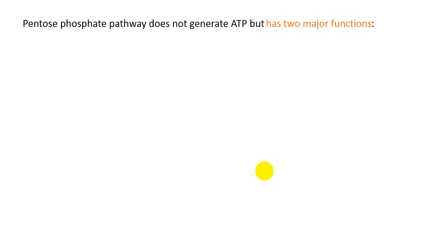Despite there being a very clear relationship between the metabolism of glucose and the pentose phosphate pathway, what is the major function of this process? First, synthesis of NADPH.